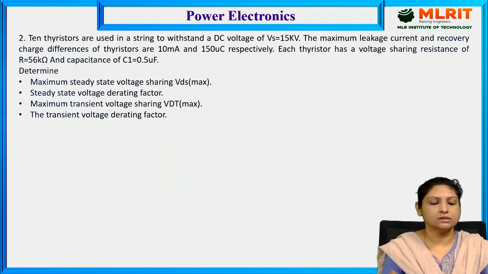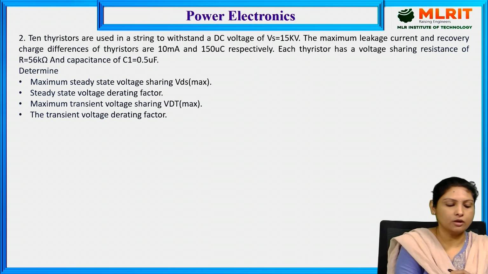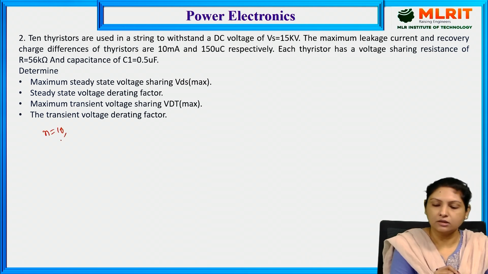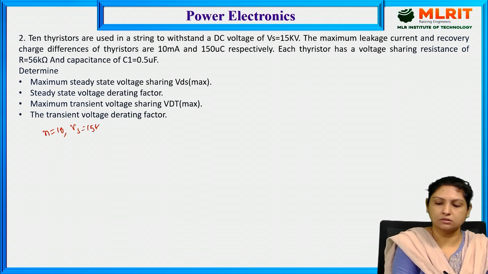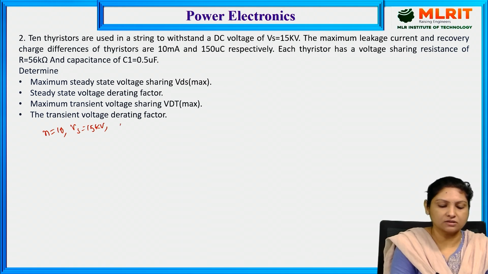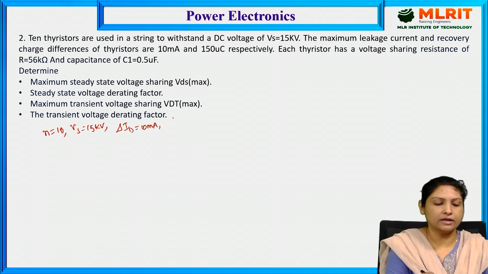Next problem. See here, 10 thyristors. Let us write down the given data first for the second problem. Here 10 thyristors, in the sense N is equal to 10, and voltage Vs is equal to 15 kilovolts. Maximum leakage current and recovery charge difference: leakage current is given by delta ID, which is equal to 10 milliamperes, and charge difference is given by delta Q, which is equal to 150 microcoulombs.